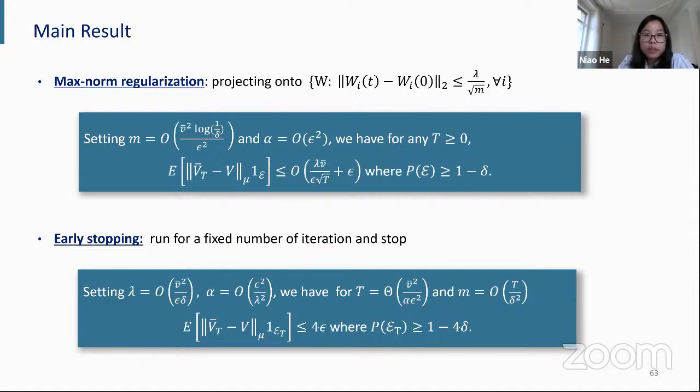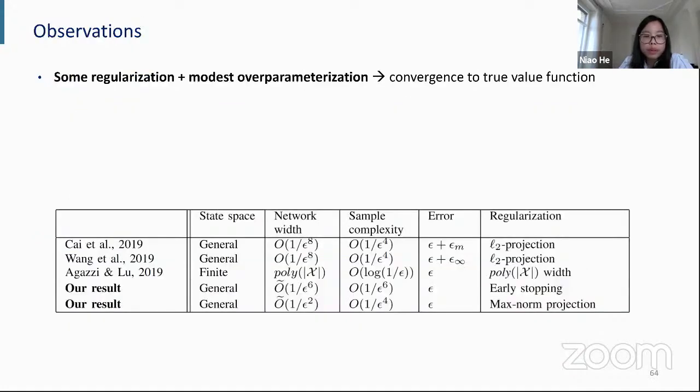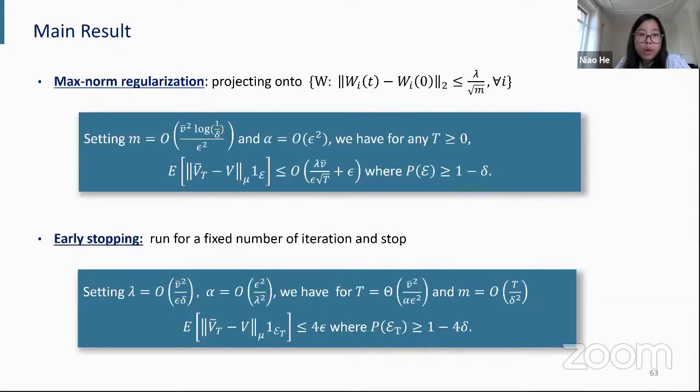Let me discuss this a little bit more so that you have a better picture of what's going on before we dive into the technical details. The highlight here is that you need some sort of regularization, either through this max norm regularization or through early stopping. Early stopping is also a widely used regularization technique for training neural networks that people observe in practice, especially in training GANs or many adversarial machine learning problems where you have noise in your labels.